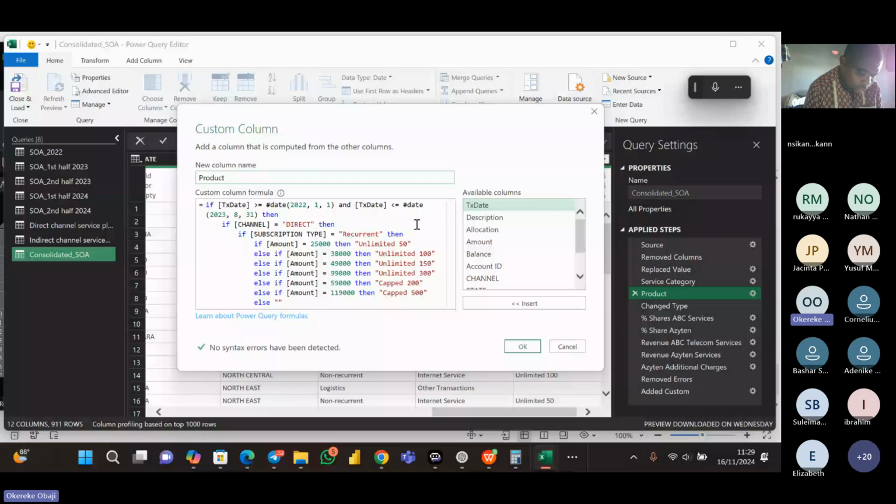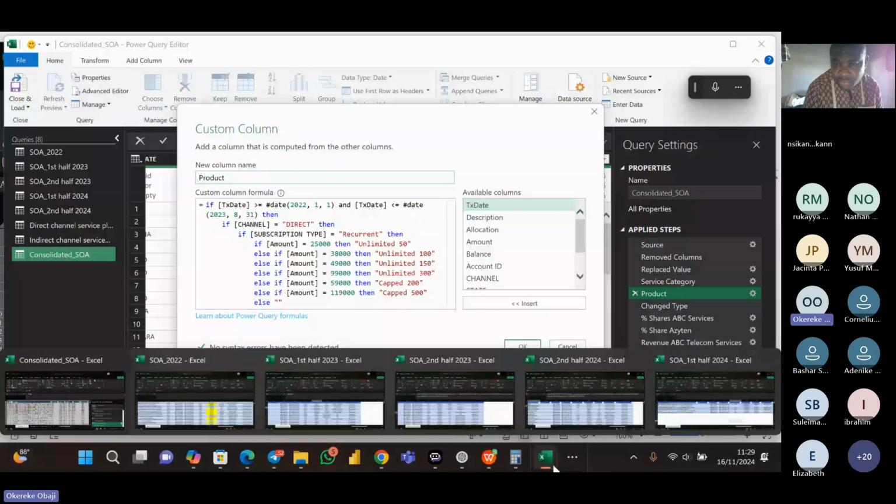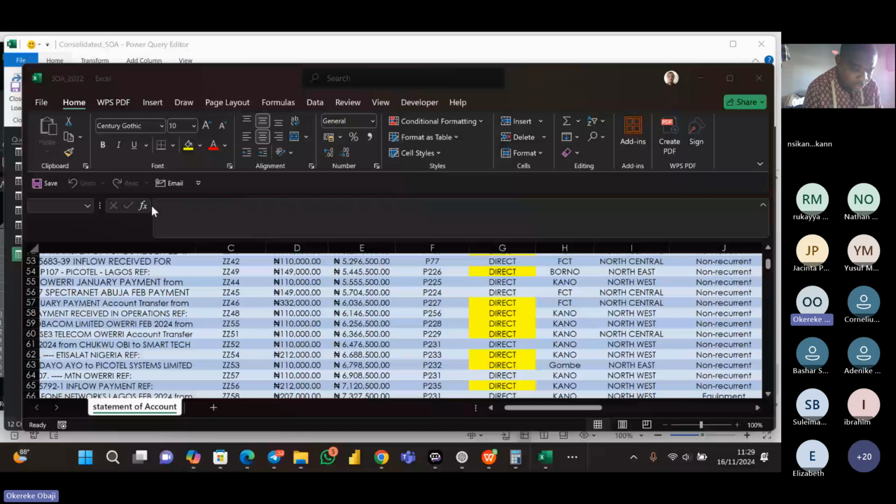Then we also had a challenge of incorrect channel inputs. For instance, when you go through all of the statements of account, I pick statement of account 2022, for instance, you realize that some of them are by default highlighted yellow. These ones, if you check your own, it is indirect. All of these are indirect.